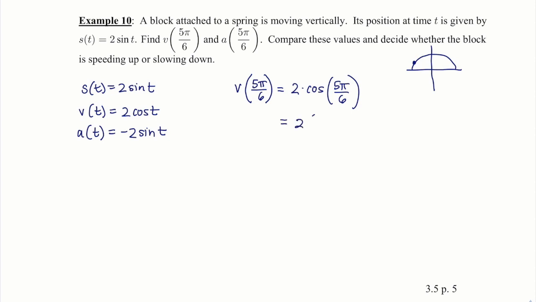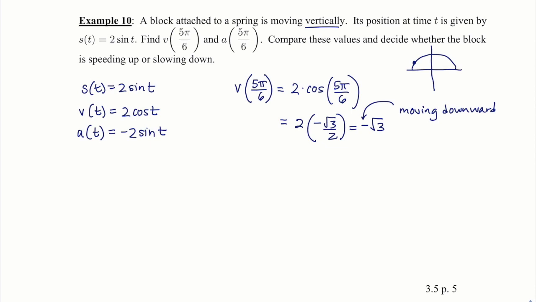So this will be 2 times negative square root of 3 over 2, so negative square root of 3. And we don't have units, but at least we can see that this negative sign means that it's moving downward, since it said it was moving vertically, and we would assume that up is the positive direction.